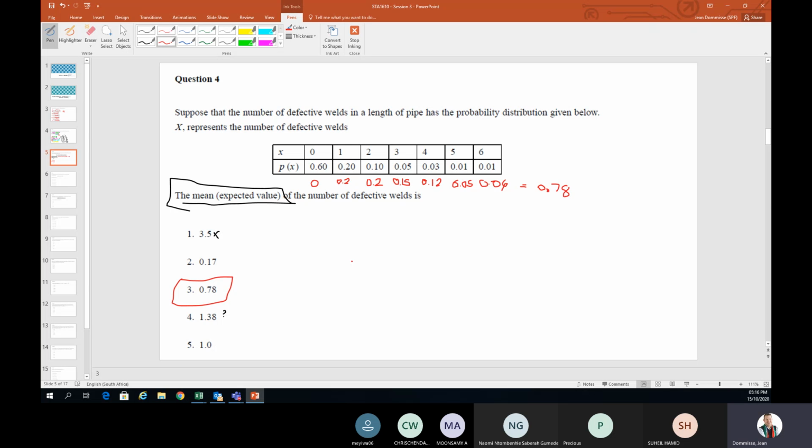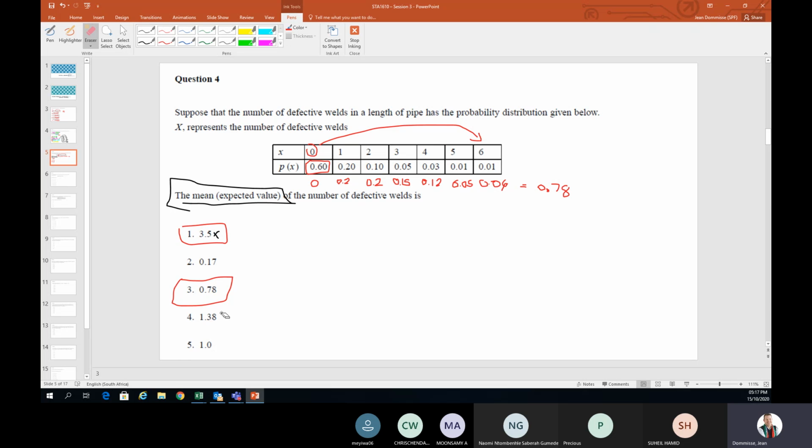The reason why I said not that one is because the biggest percentage is sitting with a 0. So that nearly tells me that the rest is going to be small. If that biggest percentage was sitting on this side, then because you multiply 6 by the 0.6, you automatically will get a bigger number. Then I would have said, okay, I will start eliminating the smaller numbers.